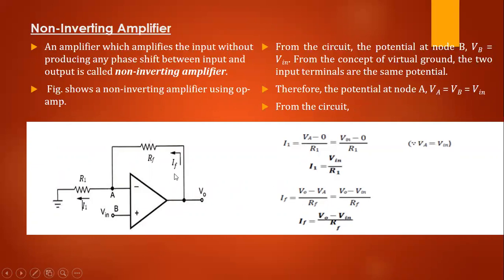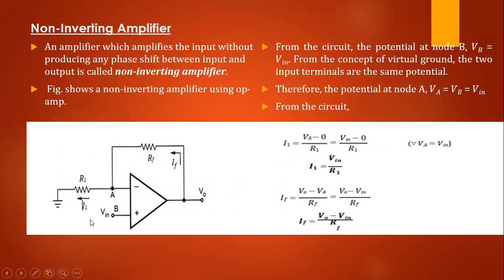And IF is equal to V0 minus VA divided by resistor RF. And it is equal to V0 minus V in divided by RF, because VA is equal to V in, right? So V0 minus V in divided by RF is equal to the current IF. So now we know that op-amp input current is 0.